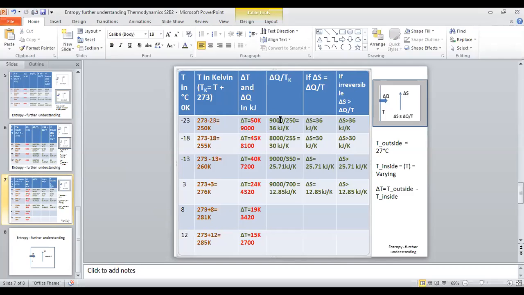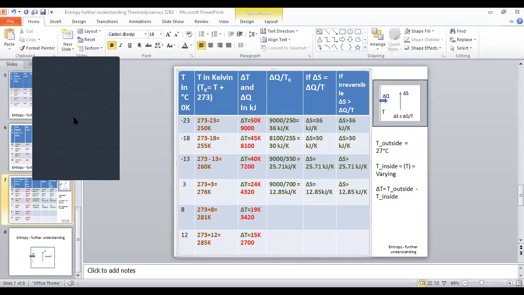Now it becomes 9,000 by 250. Same. Here 8,100 by 255. 273 minus 18 is 255.